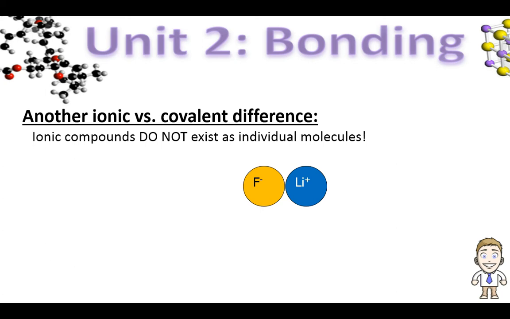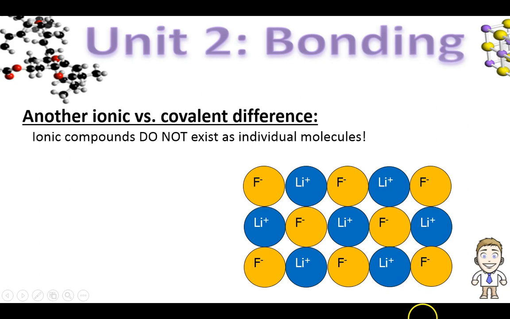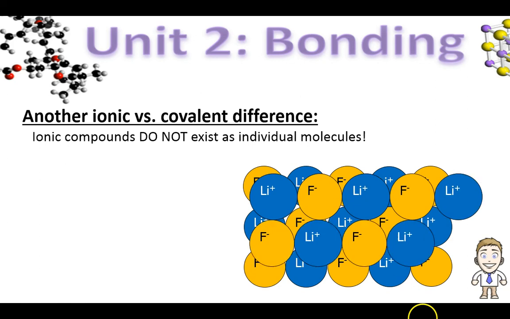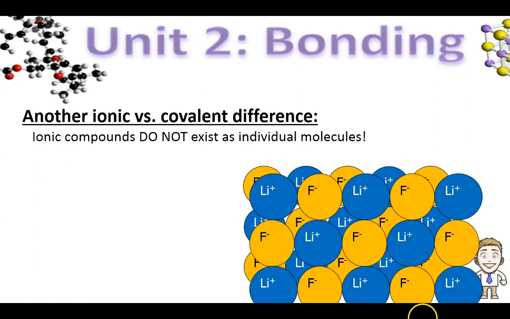You already know that lithium fluoride exists as one positive lithium attached to one negative fluoride ion. But what you may not know is that this pair does not exist alone, individually. Next to it, there's probably a whole separate lithium fluoride where a second negative fluorine attaches to this positive lithium, and there's another positive lithium here, and this can expand onwards and outwards, technically indefinitely, or at least until you get a pretty big chunk of Li and F ions.